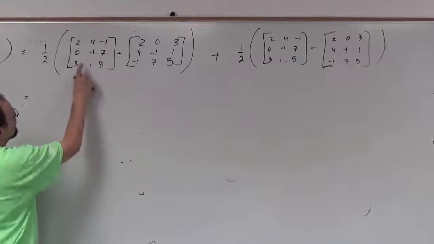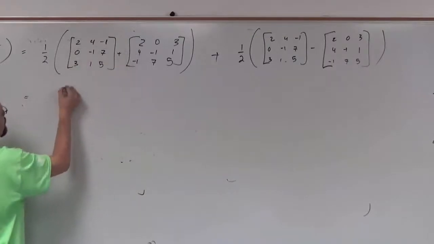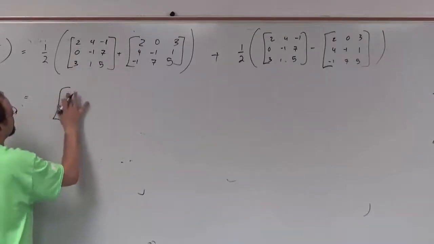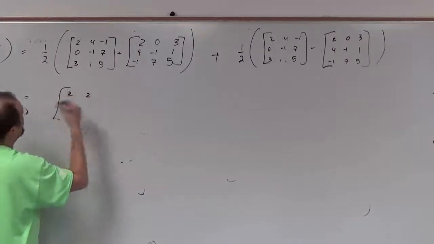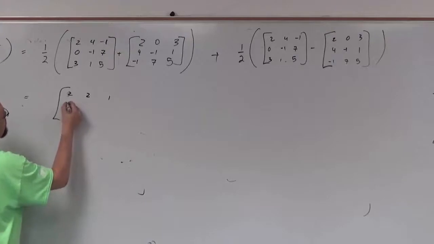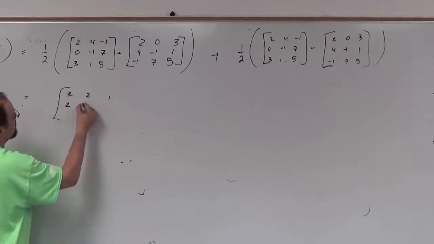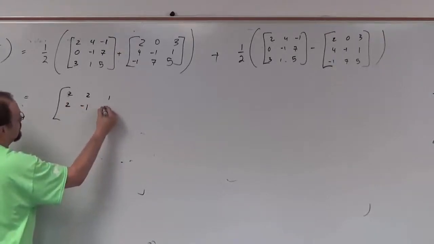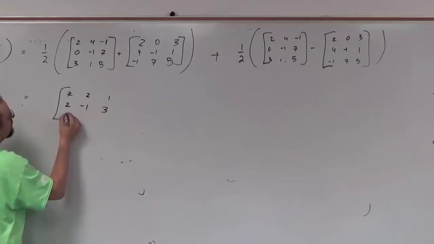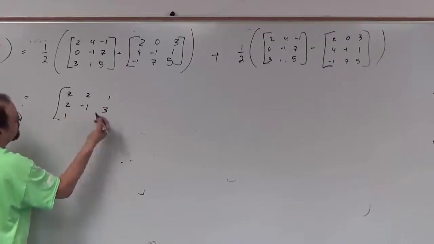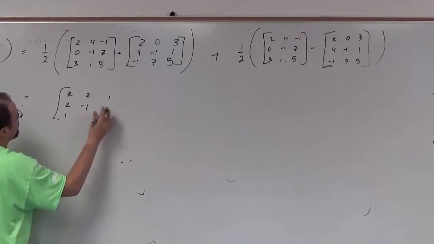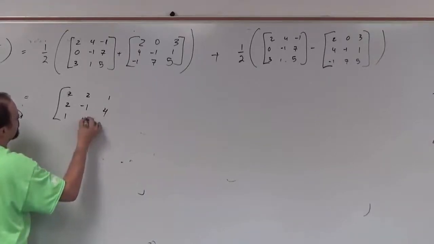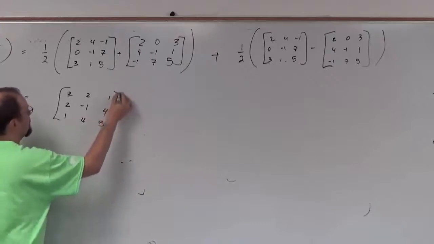Anyway, we get, let's see, 4 divided by 2, 4 divided by 2, 2 divided by 2. Okay.